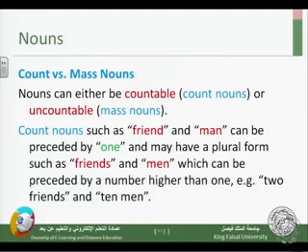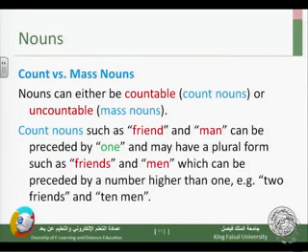Next we will have the distinction between count and mass nouns. So nouns can either be countable, and we call those count nouns, or uncountable, and these are called mass nouns. So count nouns such as friend and man can be preceded by one. So one can come before friend and man, so we can say one friend and one man, and they may have a plural form such as friends and men.